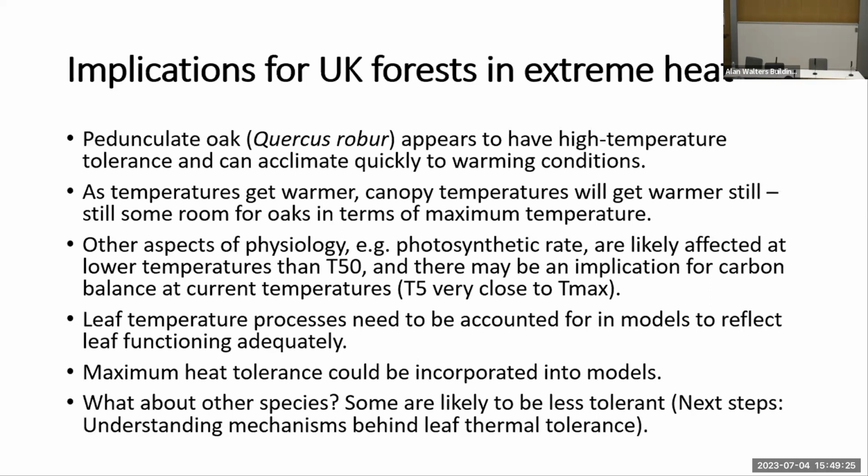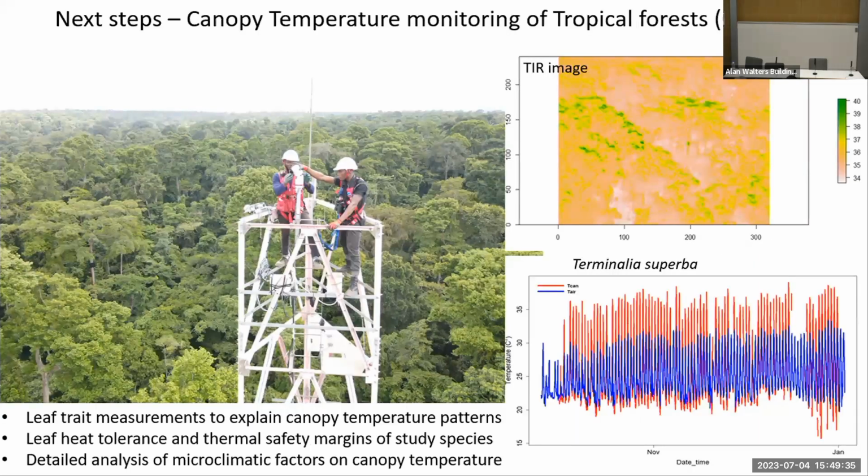to undertake some research into other species, to know how other species will also tolerate heat during this season. Similar work is also going on in Ghana, where canopy temperature is also being measured. Temperatures are quite high.